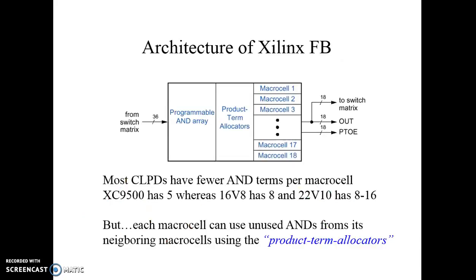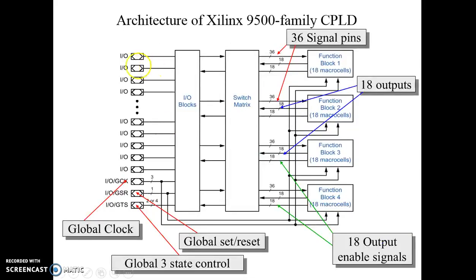Here we can see there are input-output pins, input-output global clocks. So here there are 3 input-output global clocks, global set reset. There are 2 to 4 tri-state controls. This is a switch matrix.